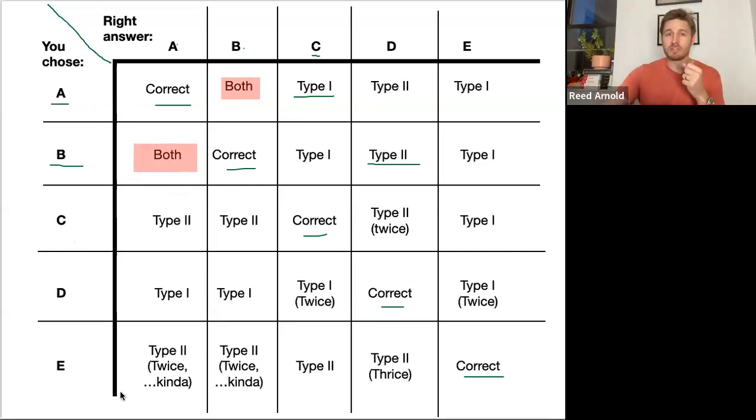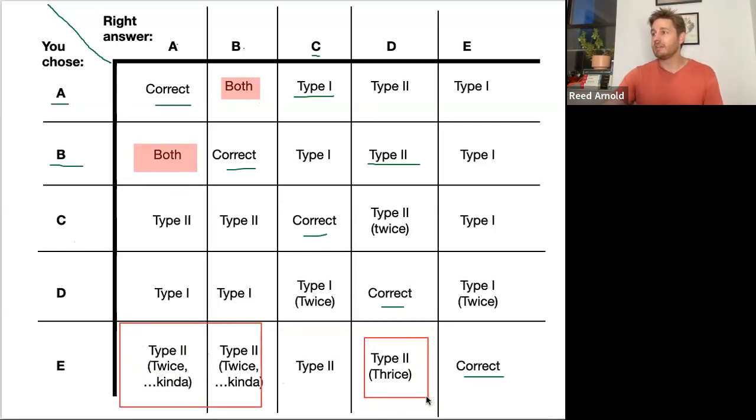And actually, there's one more case down here, when you choose E and the answer is A, B, or D. You're making several type 2 errors. If the right answer is A and you choose E, you said that statement 1 was not sufficient on its own, but it was. That's a type 2 error. You're also saying statements 1 and 2 together were not sufficient.